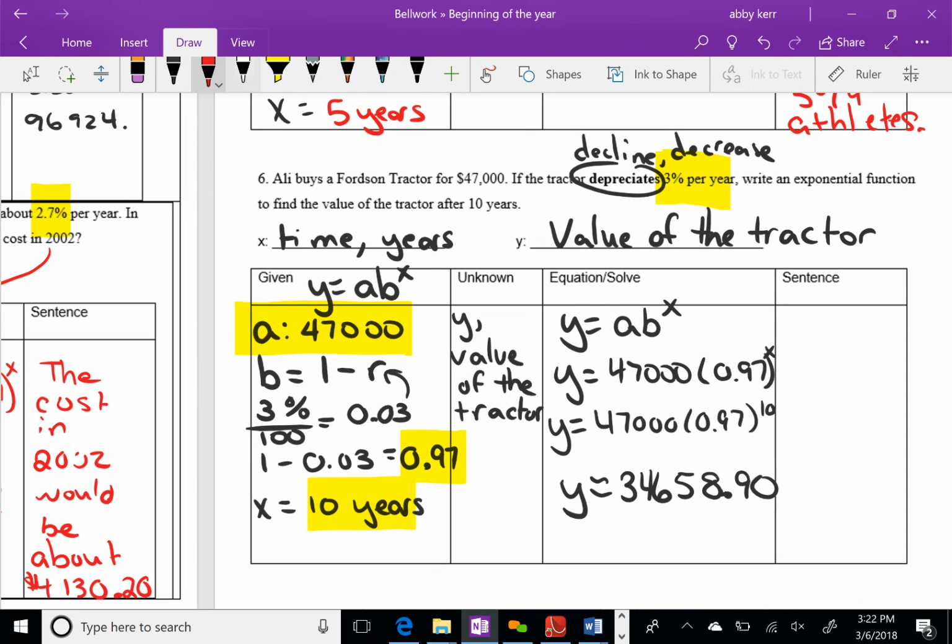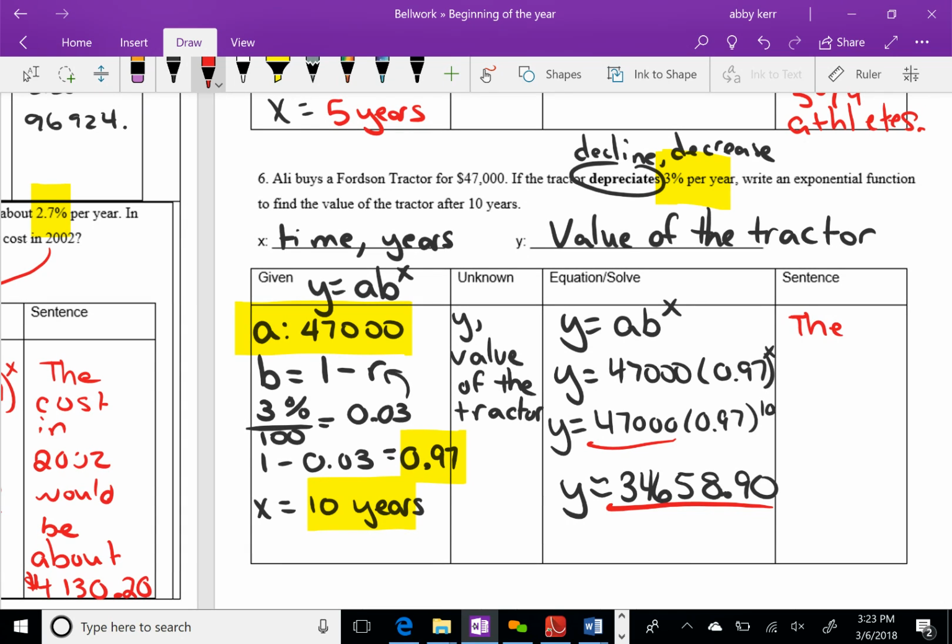So notice that my value 10 years later is a smaller value than my A. That's one way you know that you are doing it correctly, because we said that the value is decreasing. So your answer should be smaller than your initial value.